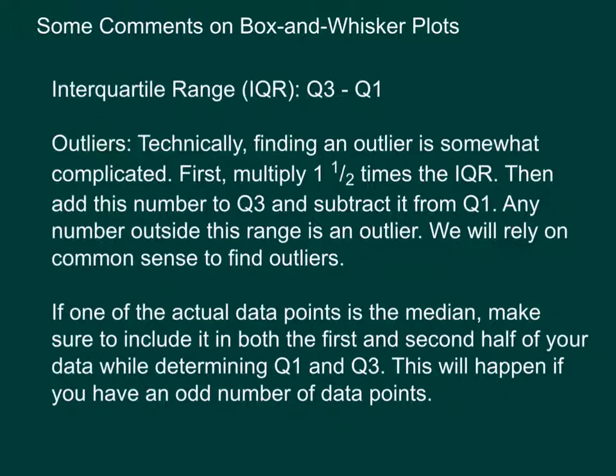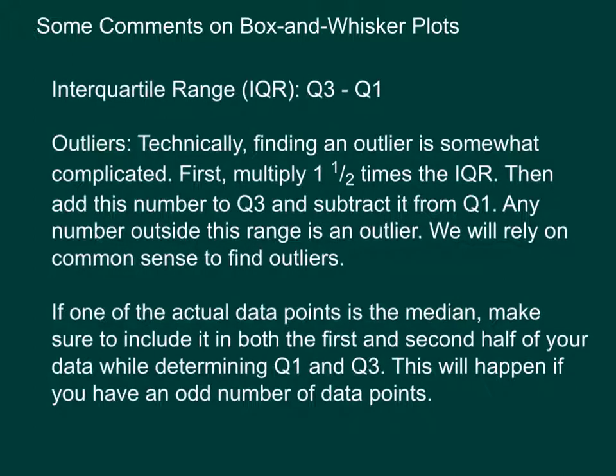For example, if you have 5 data points, the third one would be your median, and then in order to find the Q1, you would include the first 3 to determine Q1, and the second 3 or the last 3, which includes Q2, to figure out Q3. So that's something that will happen anytime you have an odd number of data points.